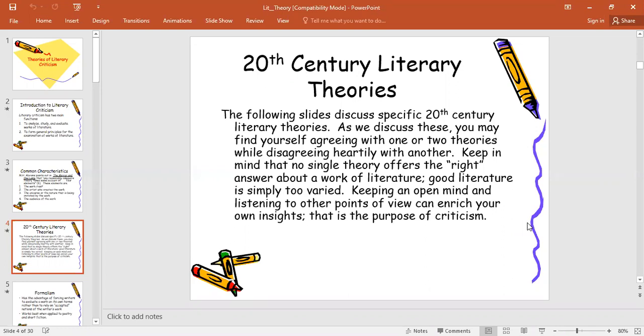Keep in mind that no single theory offers the right answer about the work of literature. Good literature is simply too varied. Keeping an open mind and listening to other points of view can enrich your own insight.